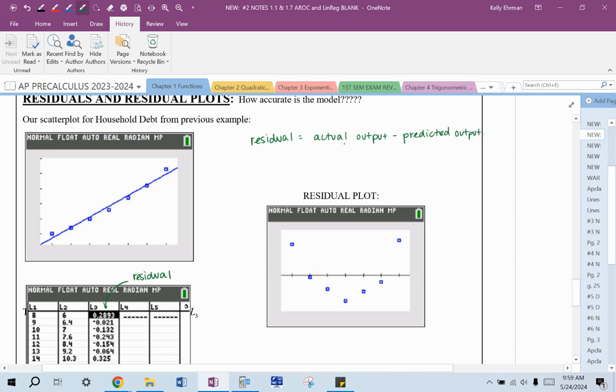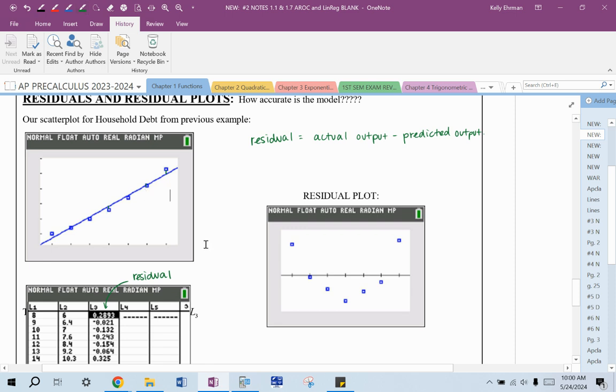If you think about what that means, that's basically just saying, what is the distance between this point and the line, or this point and the line? If the line is below the point, then you're going to get a positive residual, right? The point is higher than expected. If the point is sitting below the line and you subtract, you're going to get something negative. And so that would be like, yeah, the point is below the line.